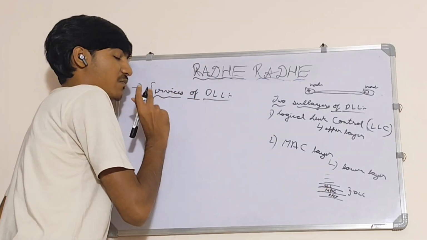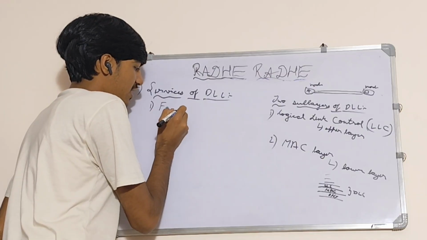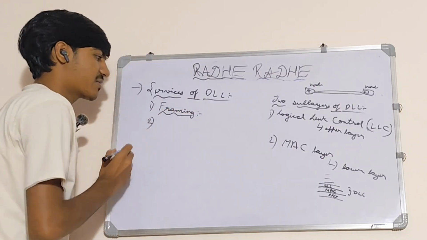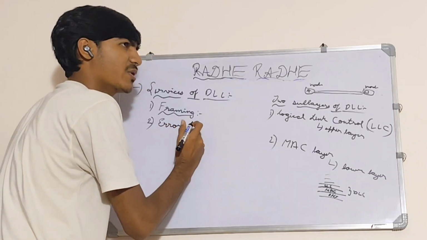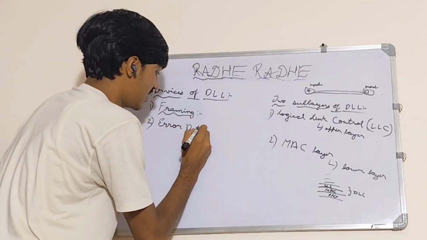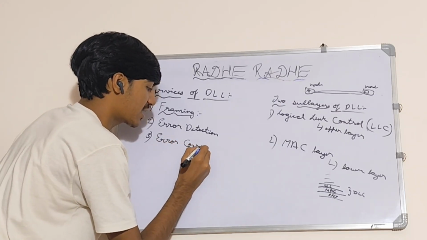Okay, the first service of the data link layer is framing, and the second service is error control: error detection. Then comes error correction.